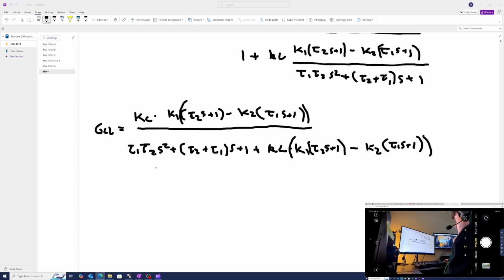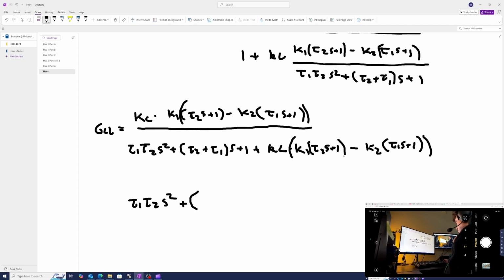We then need to combine all the terms with s in our bottom. So we can see we start with our tau 1 tau 2 s squared plus parentheses. Now we have tau s plus 1.